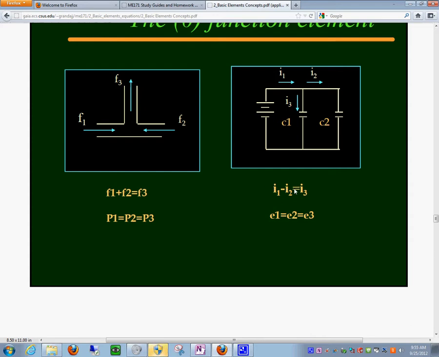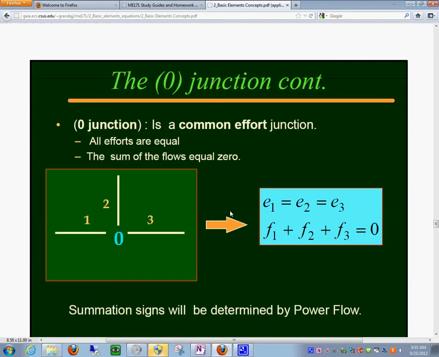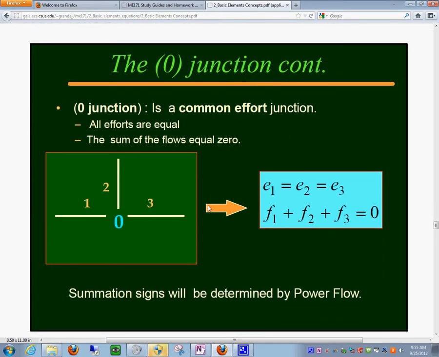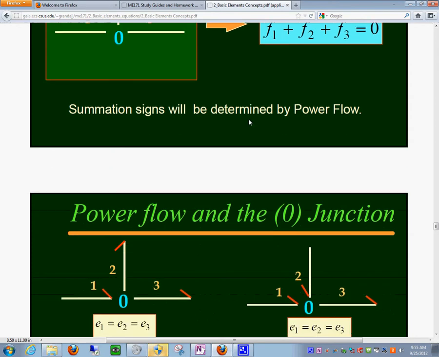Or I1 plus I2 equals I sub 3, but the voltages are the same. If you represent it in a bond graph form, the junction, that's what it means. You see here there's the 1, 2, and 3, which are the efforts that are the same, but the flows would be F1 plus F2 plus F3 equals 0. So that's the property of this junction.